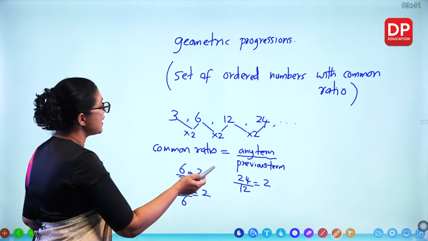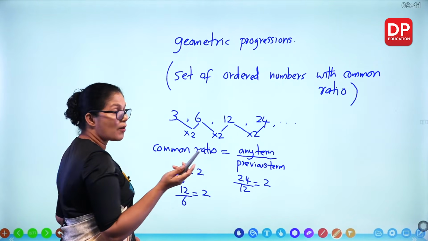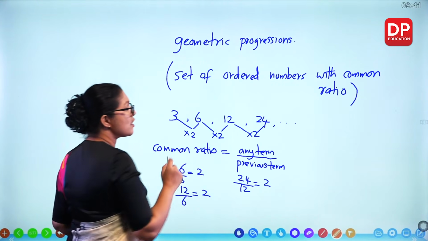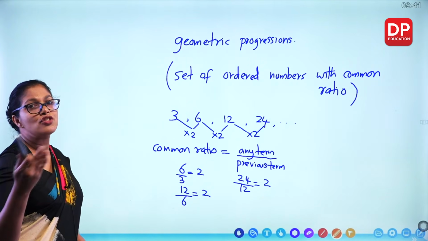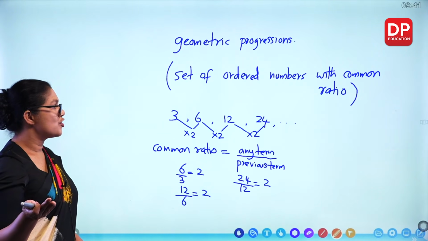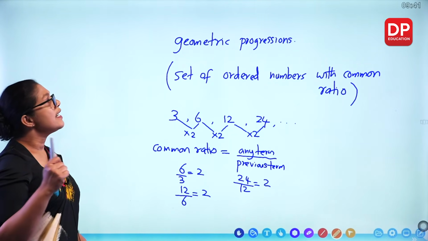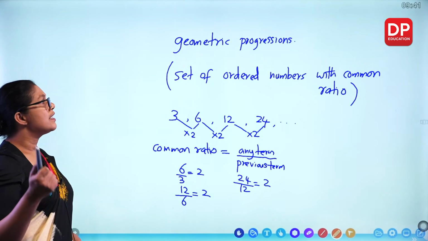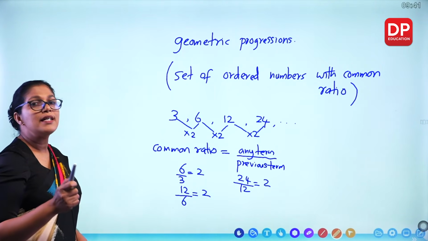And if you want the next term, how can we find it? If you know the common ratio and you know the term, then just multiply by the ratio to get the next term. So in a geometric progression, remember, you get a common ratio.